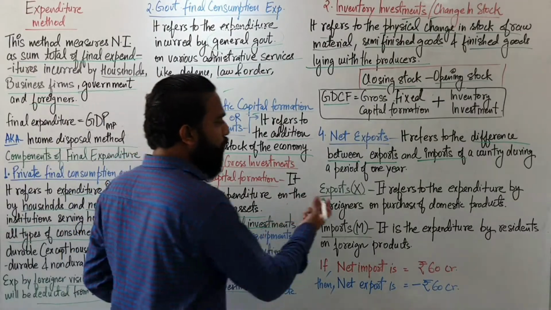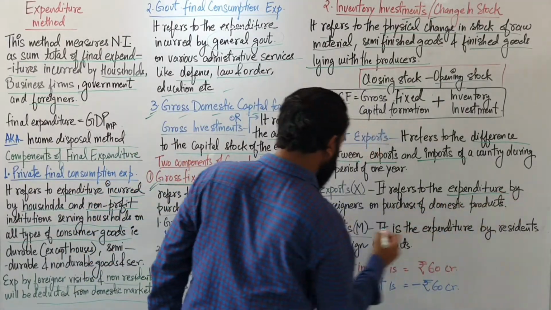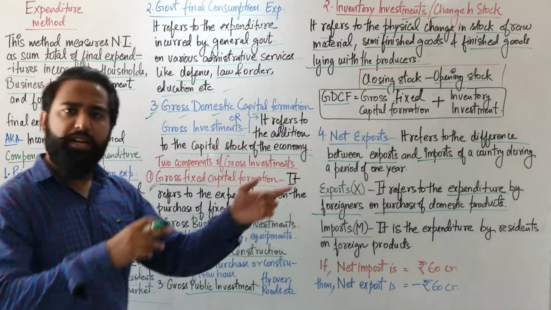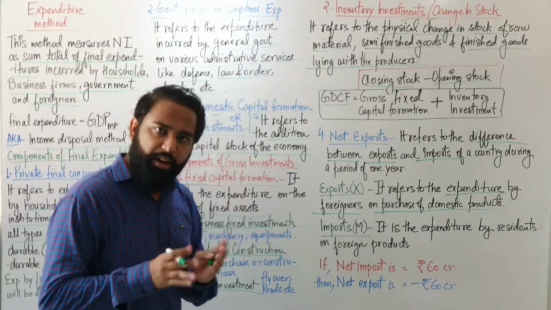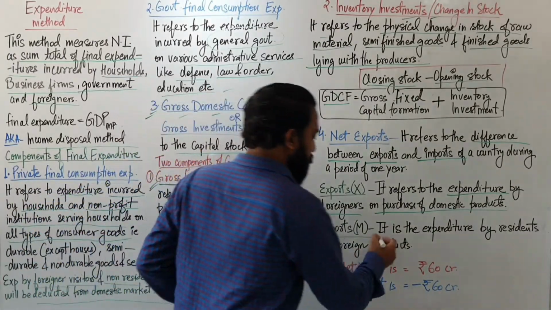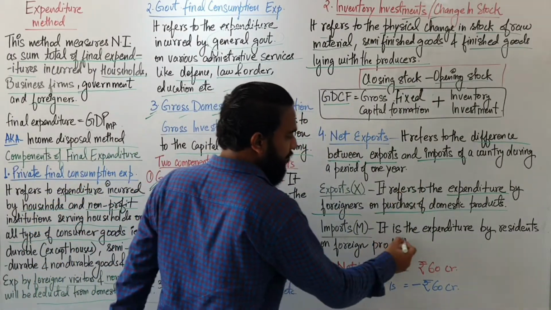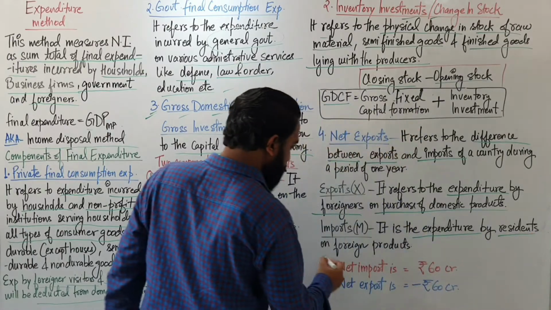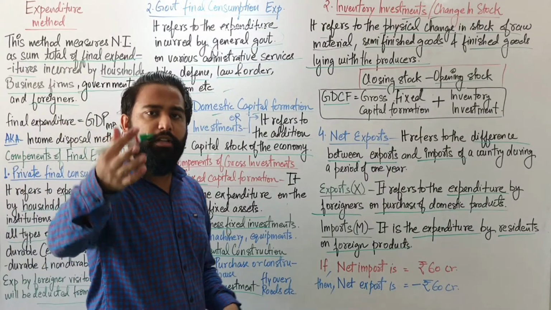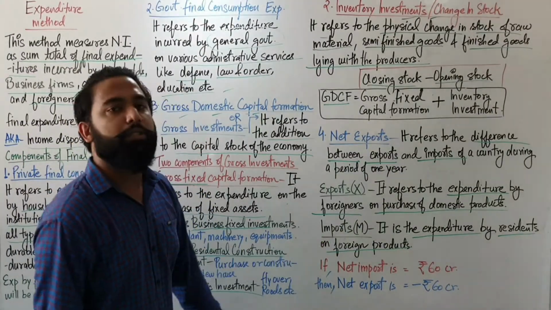Exports refers to the expenditure by foreigners on the purchase of domestic products. If foreigners are purchasing our domestic products, then that is called exports. And imports is the expenditure by residents on foreign products. If we are purchasing foreign goods, then it is known as imports.